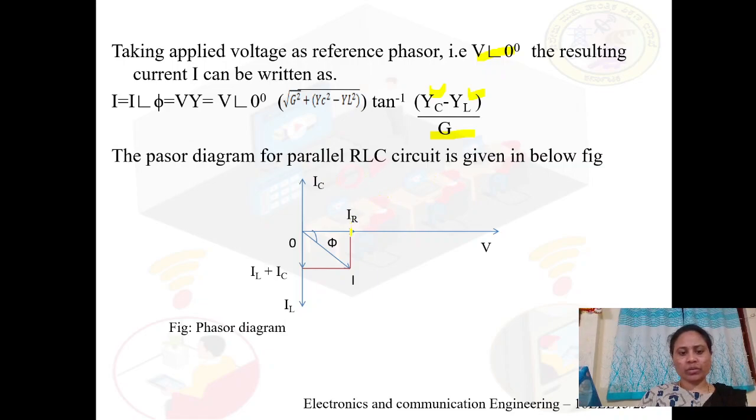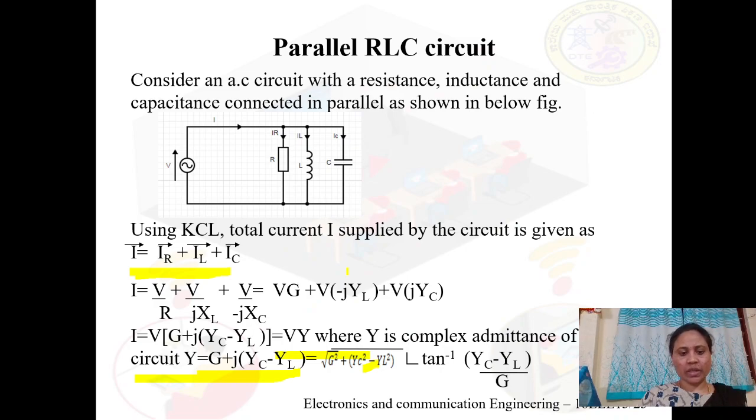Okay, so combining, we can write the phasor diagram for an RLC circuit in this way. Again, we have to follow the procedure to write the phasor diagram. That is, first identify the common parameter.